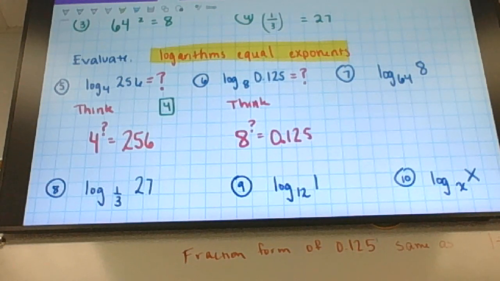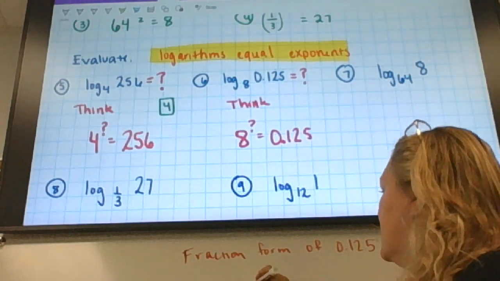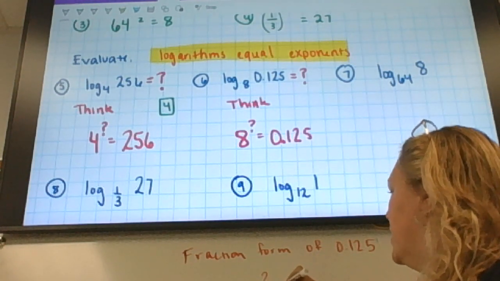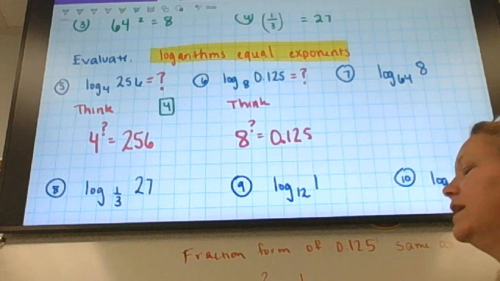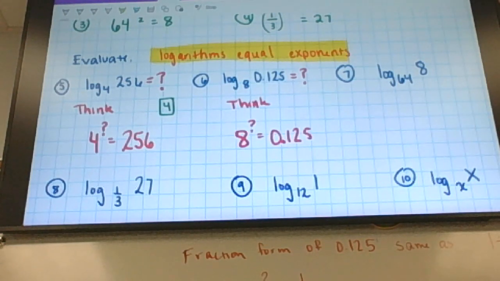If you don't have all your decimals memorized, that's okay. Use a calculator, do 1 divided by whatever that base is. So instead, I'm going to think 8 to what power is 1/8? I remember that negative exponents make fractions.